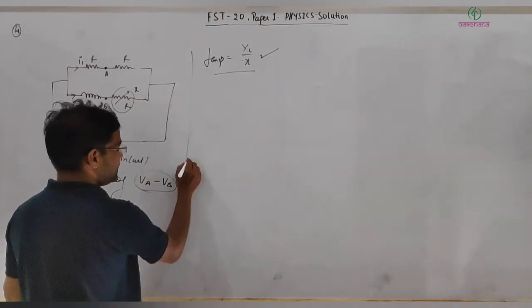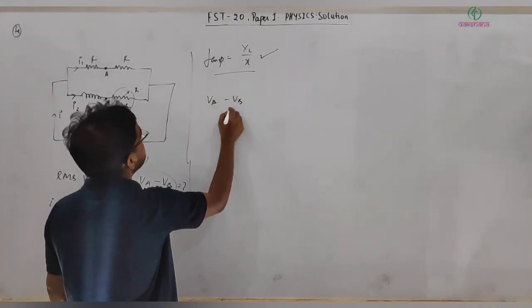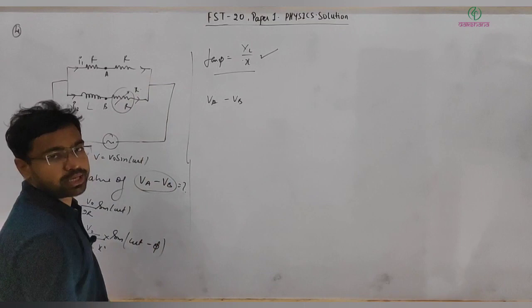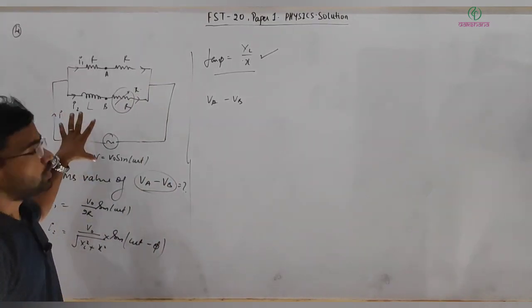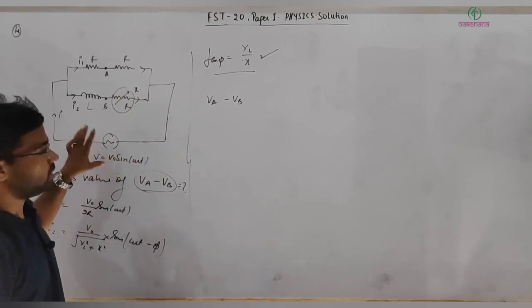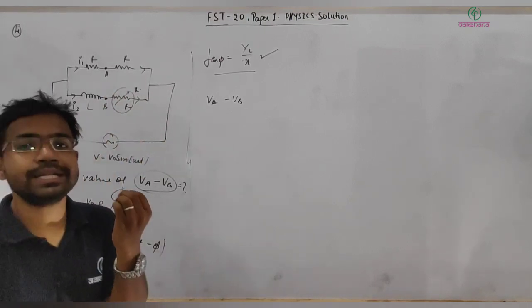Now I can write the potential drop VA minus VB. I am assuming the current at the moment I am talking about is flowing in this direction, because it will be changing immediately, so I am just sticking to one instant.